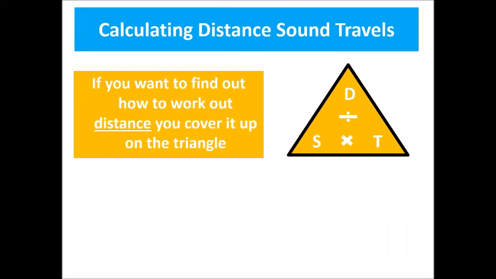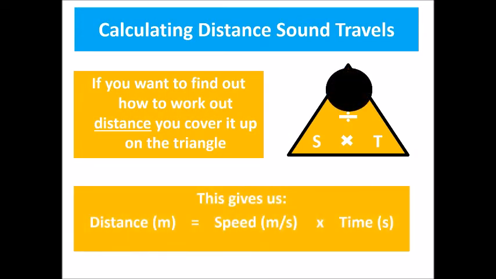If you didn't manage to do it, if we want to work out distance, we cover it up and it is speed times time. So write down that formula if you did not get it. Make sure as well you are writing down the units. It is meters per second, not miles per second, as some of you might have thought, and seconds.